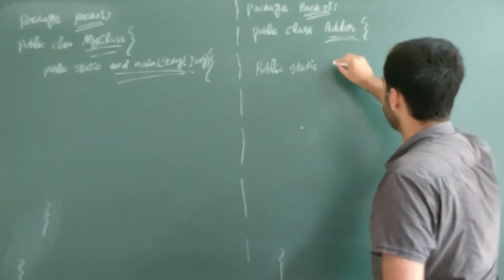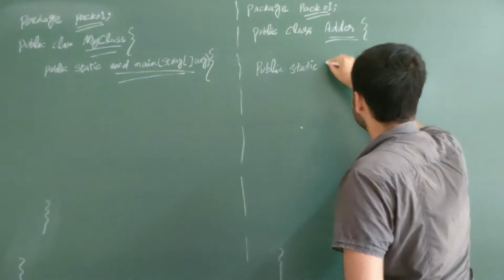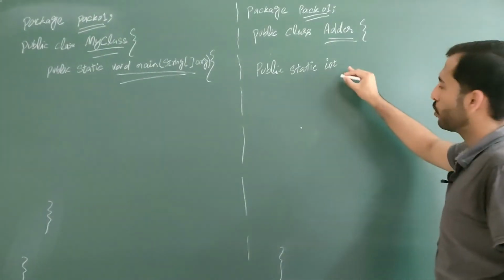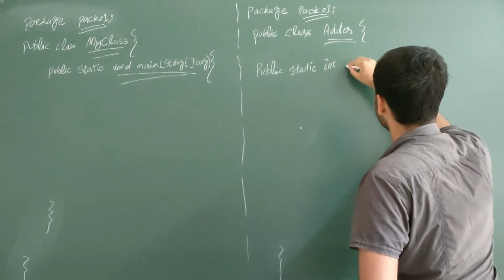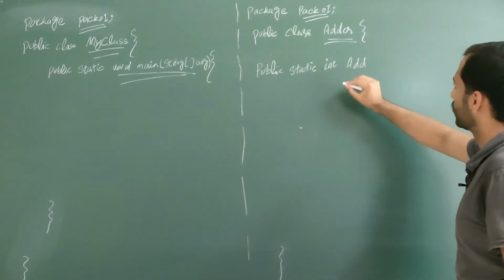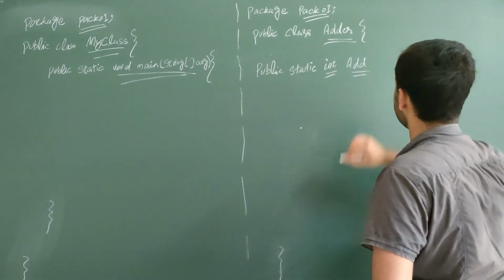So public static, then I have to write the return type, that is integer. And now I have to give a name to my function. So I can give a name, let's suppose add. That is the name of my function, add, and this integer is the return type.